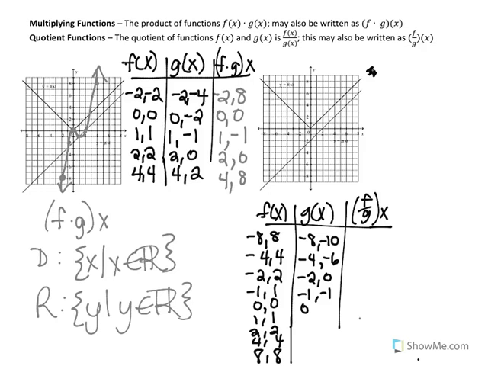It's negative 2, negative 4. Oops. 0 and negative 2. There we go. 1 and negative 1. 2 and 0. 4 and 2. 8 and 6.